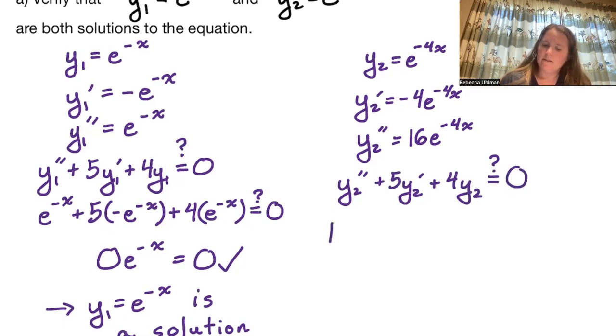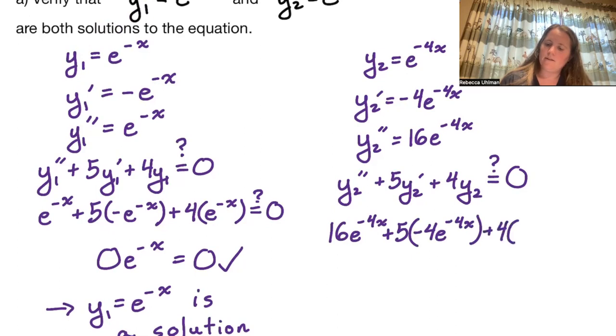So we have 16 e to the negative 4x plus 5 times negative 4 e to the negative 4x plus 4 times e to the negative 4x, wanting to know if this is equal to 0.